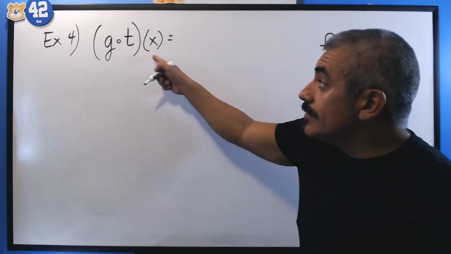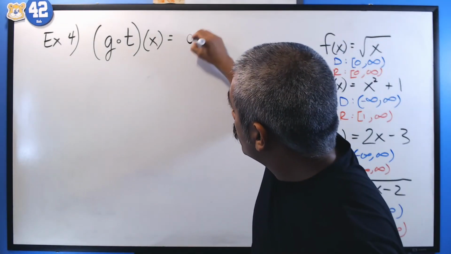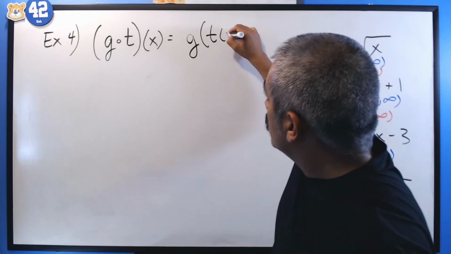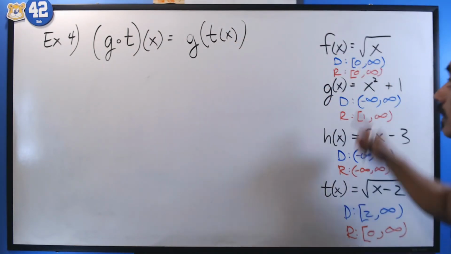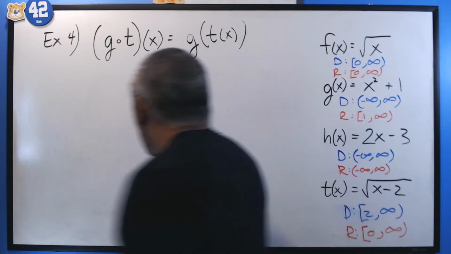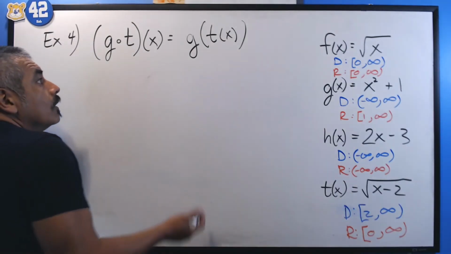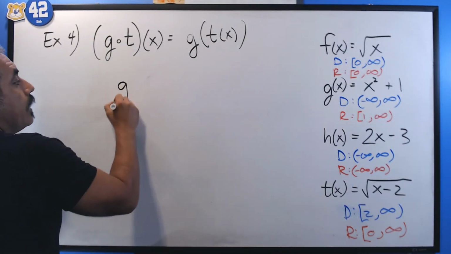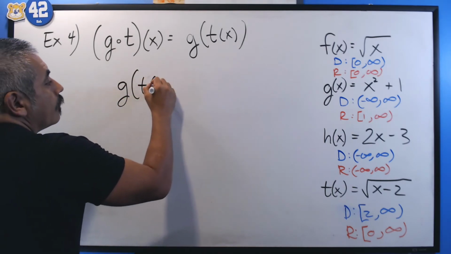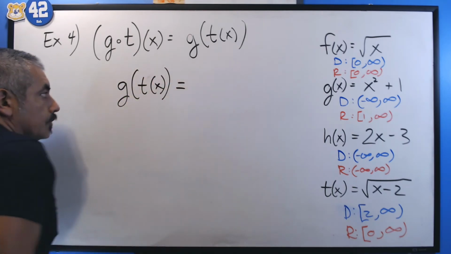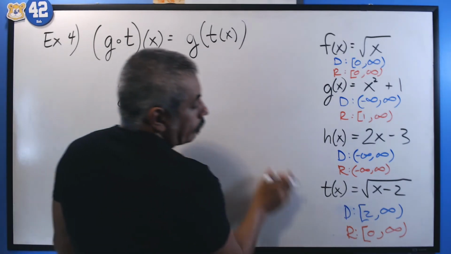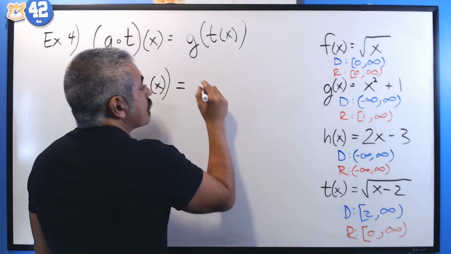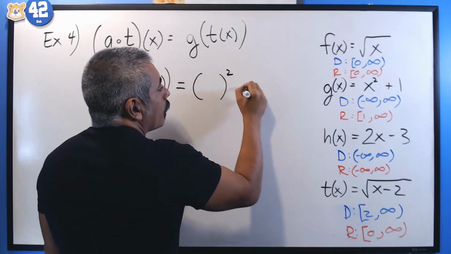So g of t of x is simply asking us for g of t of x. So the two functions that we're going to be working with are t and g, which is why I found the domain for the last one. And now we're going to say g of t of x equals, well, g is going to be this function here which says something squared plus 1.